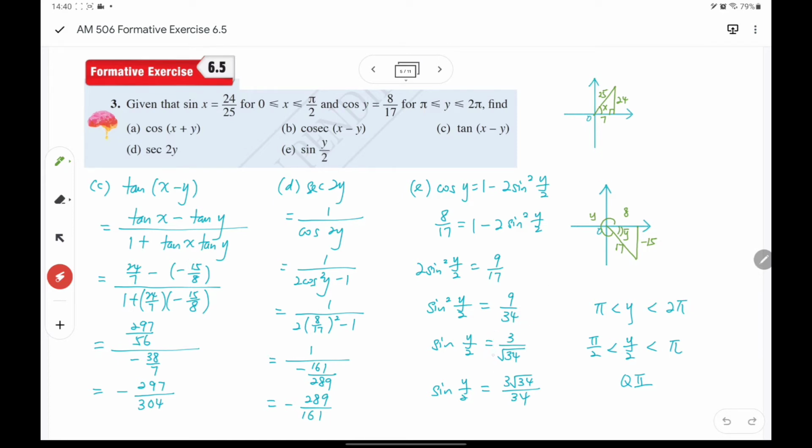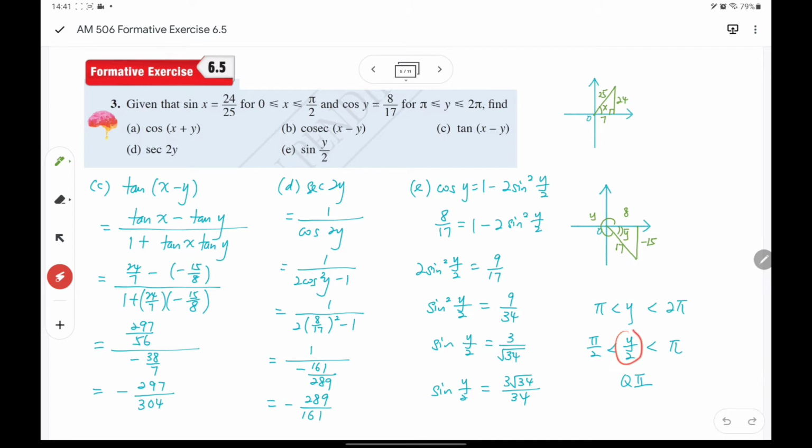But why do we choose positive instead of the negative one? Look at our domain. Our domain of y is from pi to 2 pi. So when y changes to y over 2, the domain is divided by 2. So pi divided by 2, we get pi over 2. And 2 pi divided by 2, we get pi.